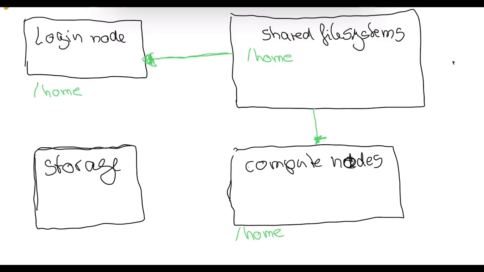Another file system that is also shared out is called Scratch. And that is actually a very common naming convention on most clusters, and I misspelled that. So that is Scratch.